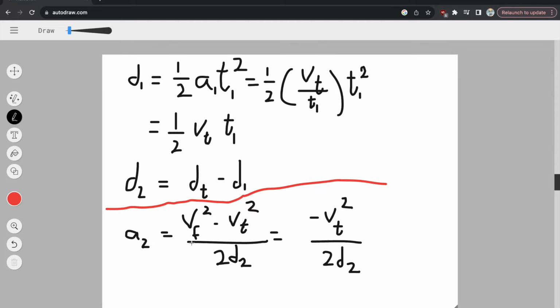And this is over d2. d sub 2 here is our remaining distance. So this should give us the acceleration needed, and final velocity here is 0, so we're just left with this. So let's go ahead and then plug these formulas into our code.